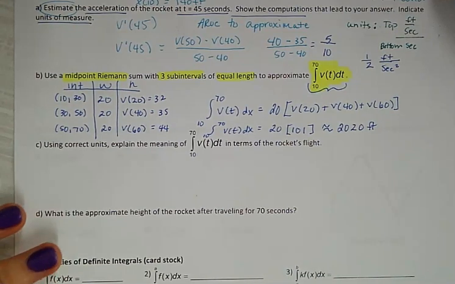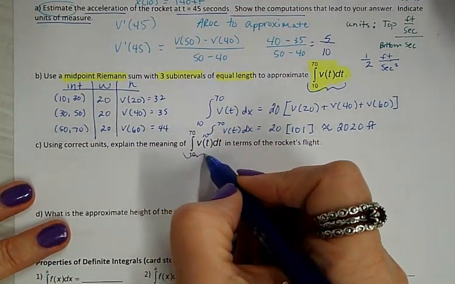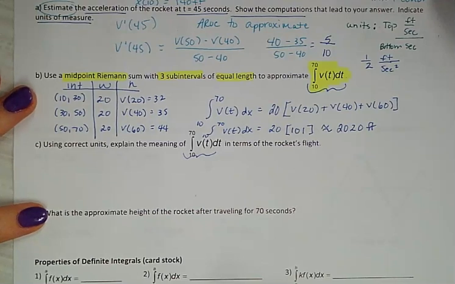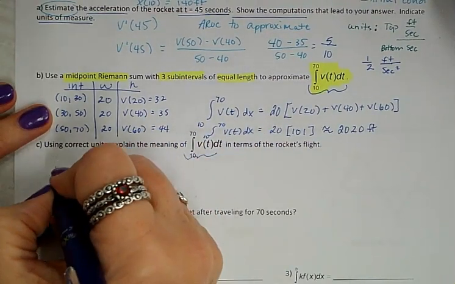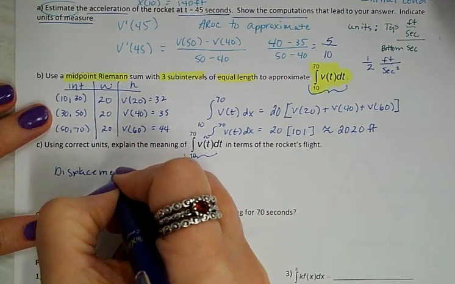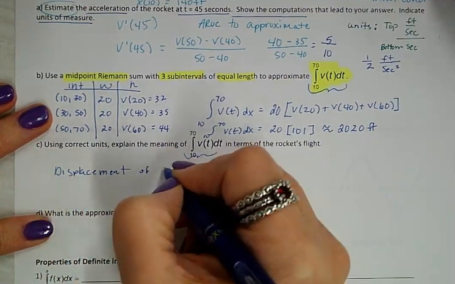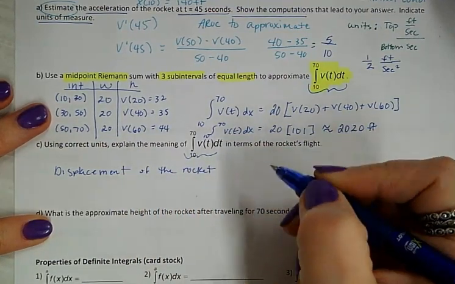So right here, as we're talking about explaining in terms of the context, we have to make sure that we understand what this means. So finding the area, in terms of the rocket's flight, I'm going to say the displacement of the rocket. And what are the units?